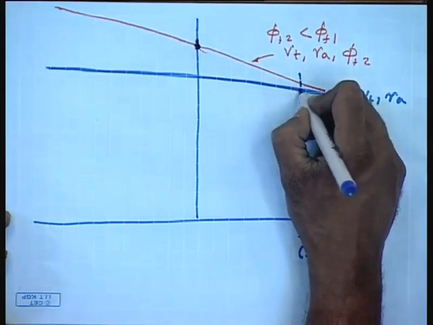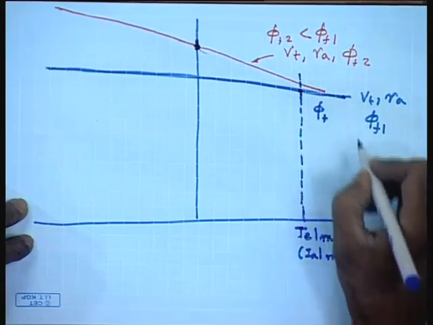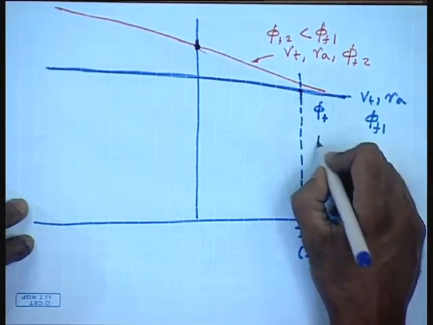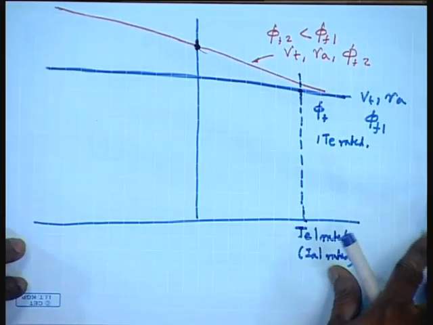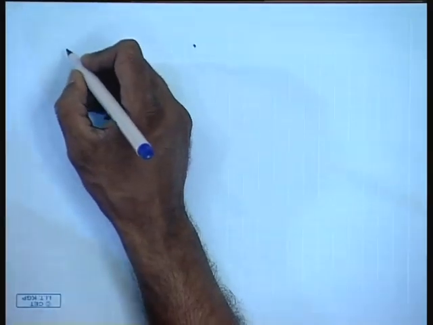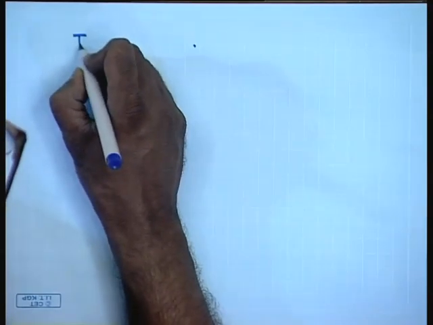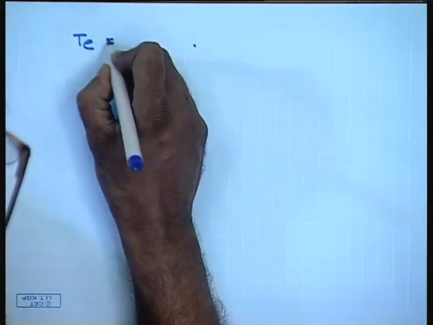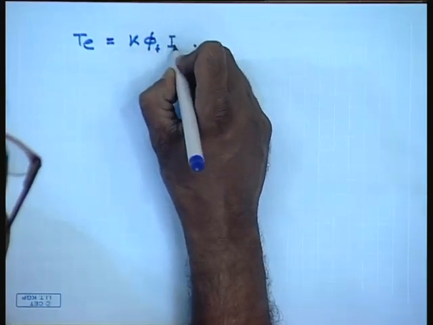So, with rated flux phi f, this is the TE rated that we can generate. If I reduce the flux, let us say to phi f1, what will happen? The armature current will still remain same. So, the torque generated TE is K phi f IA.